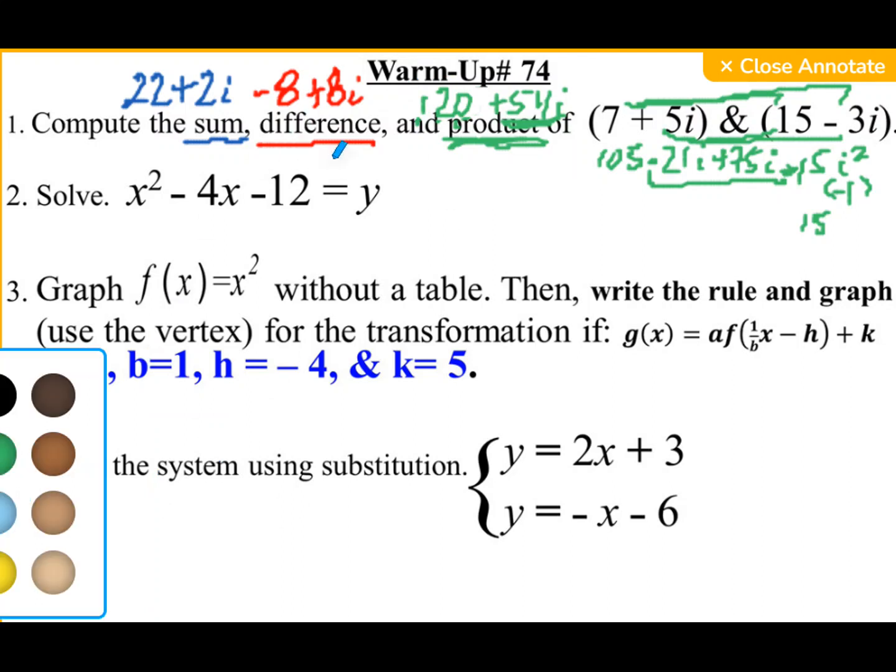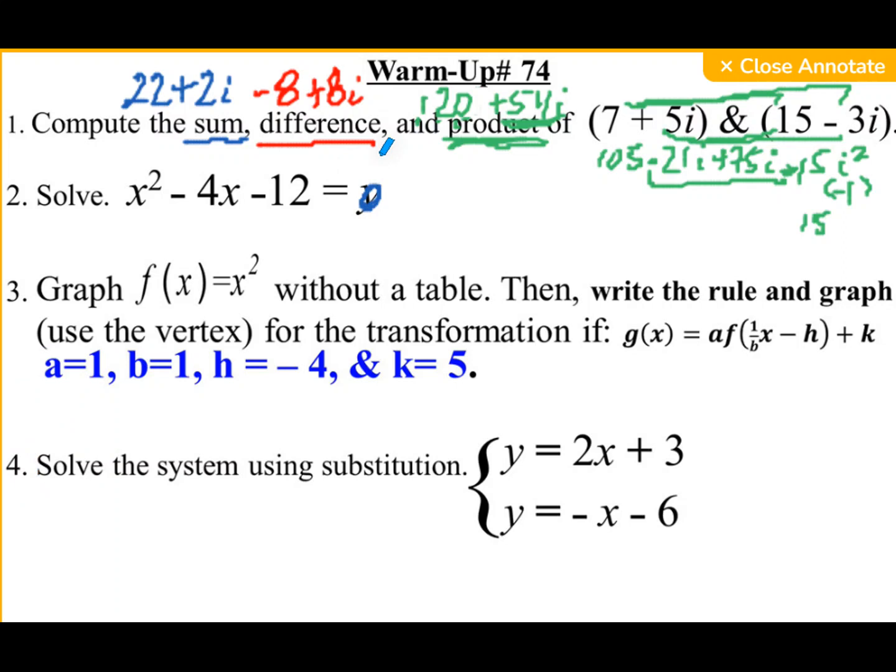Number 2, you set it equal to 0, and this one you can actually solve by factoring. We got negative 12 and negative 4. Factors of negative 12 that add up to negative 4: negative 6 and positive 2.